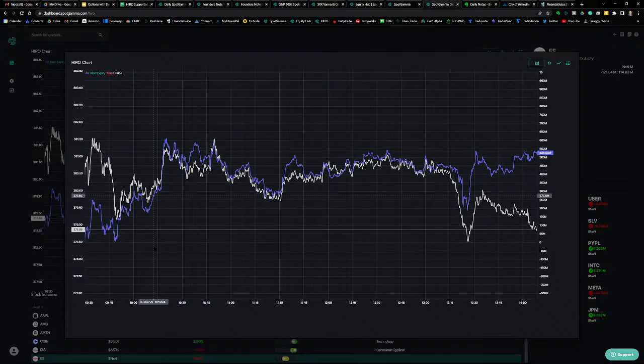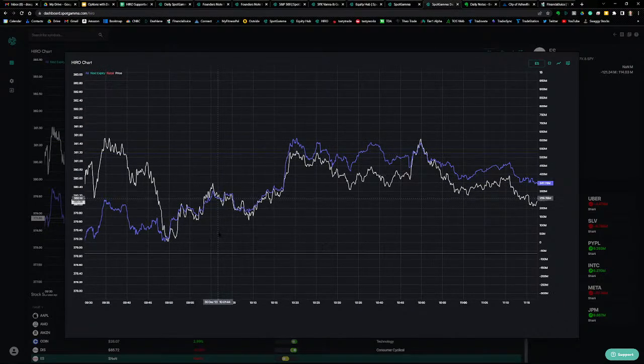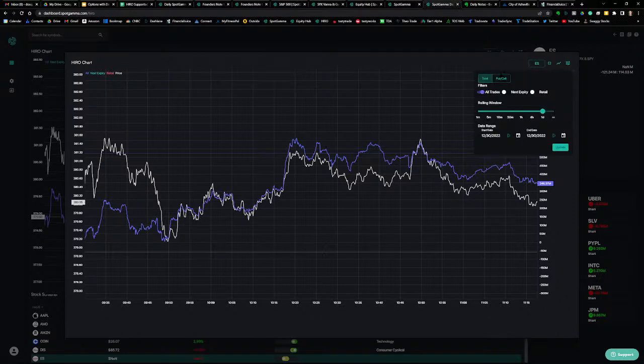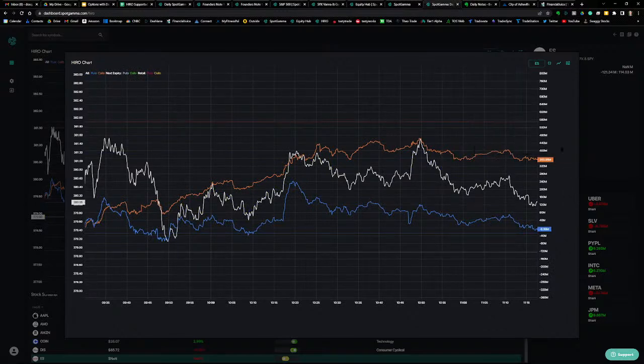And what this is showing, and this is pretty typical of the S&P 500, is that as price drops, traders start taking bullish positions.